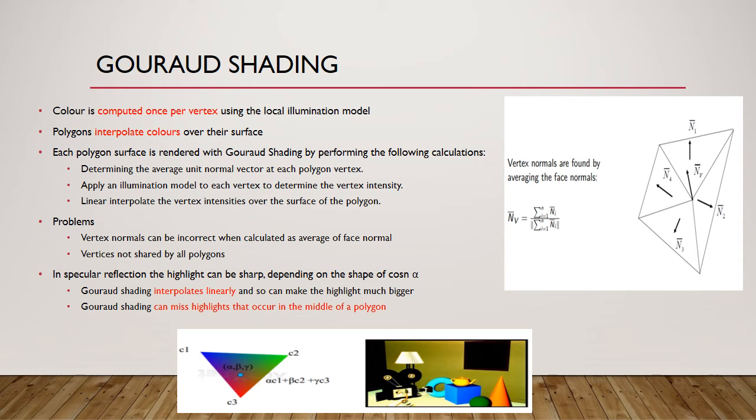That's how Gouraud shading works. But the disadvantage of this kind of shading is it can miss highlights that occur during specular reflection.